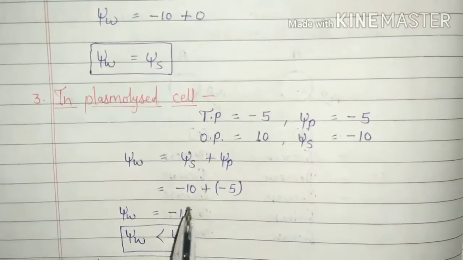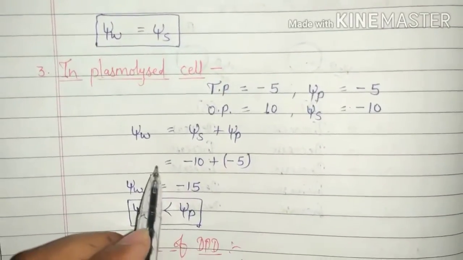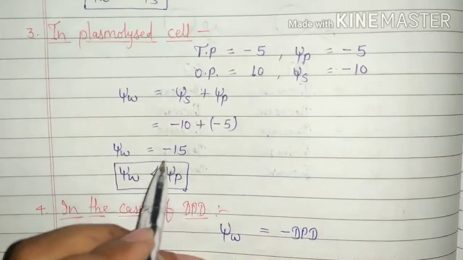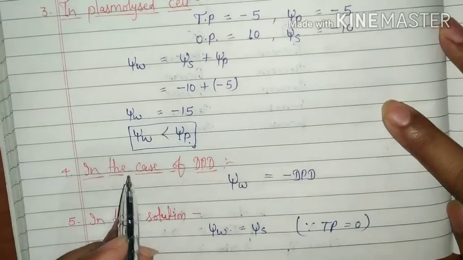Then put the value in this formula. Water potential is equal to minus 10 plus minus 5. So water potential is equal to minus 15. In this, water potential is less than solute potential.